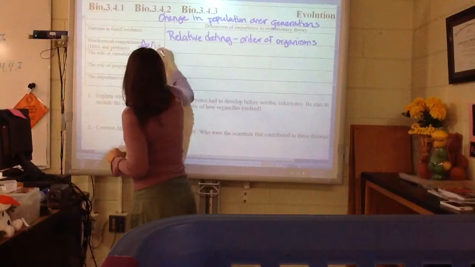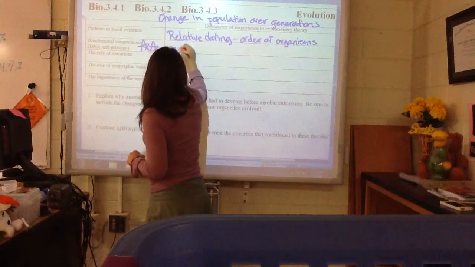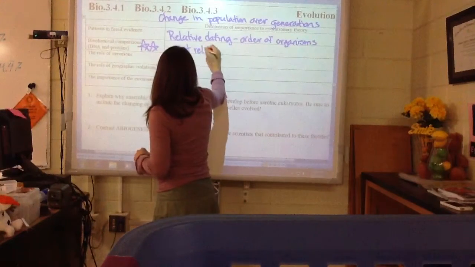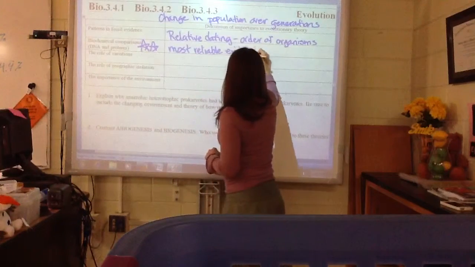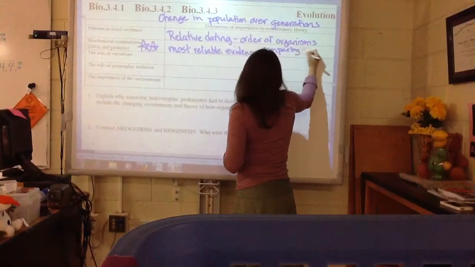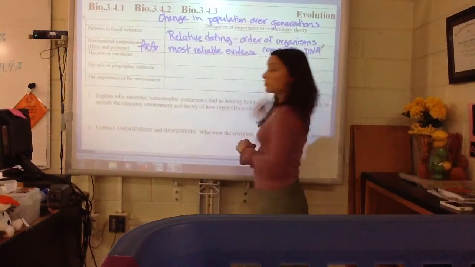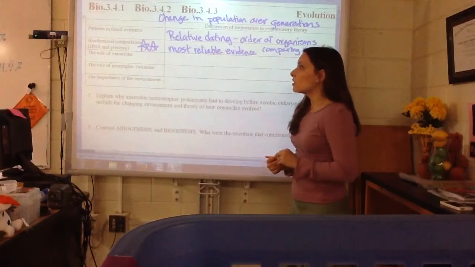Big star by biochemical comparisons. This provides the most reliable evidence because you are comparing DNA, and so the more similar it is, the more likely you are to be related.